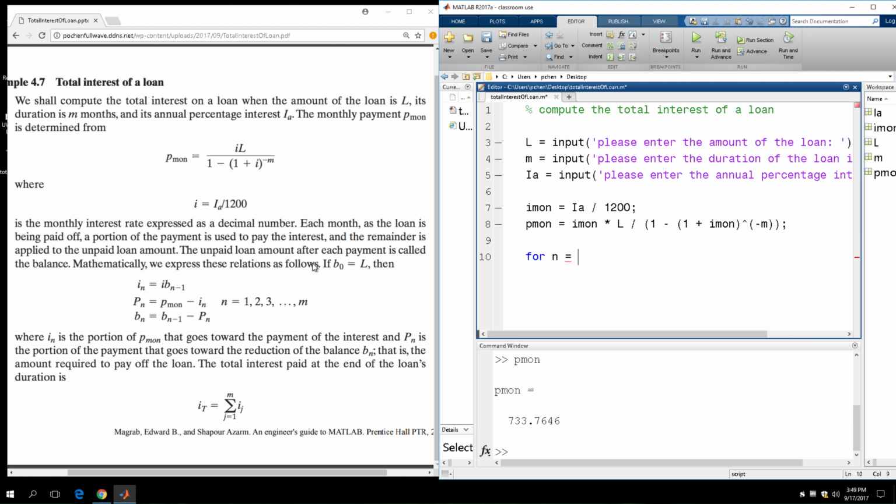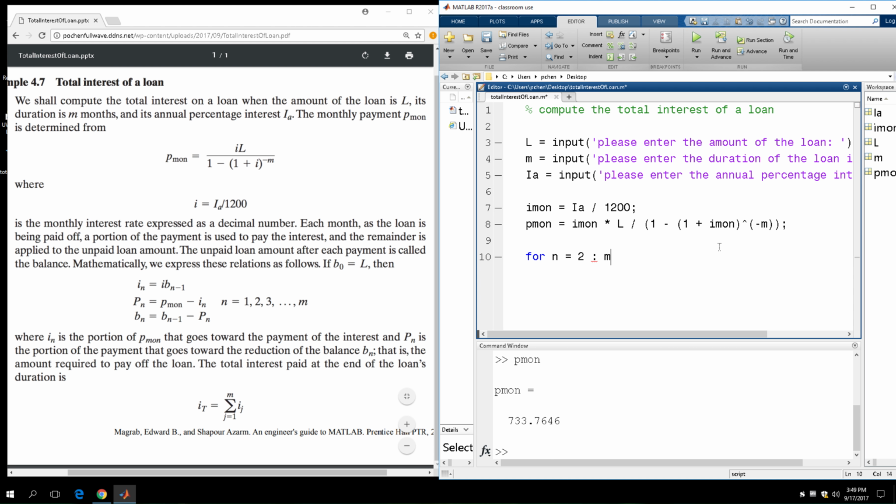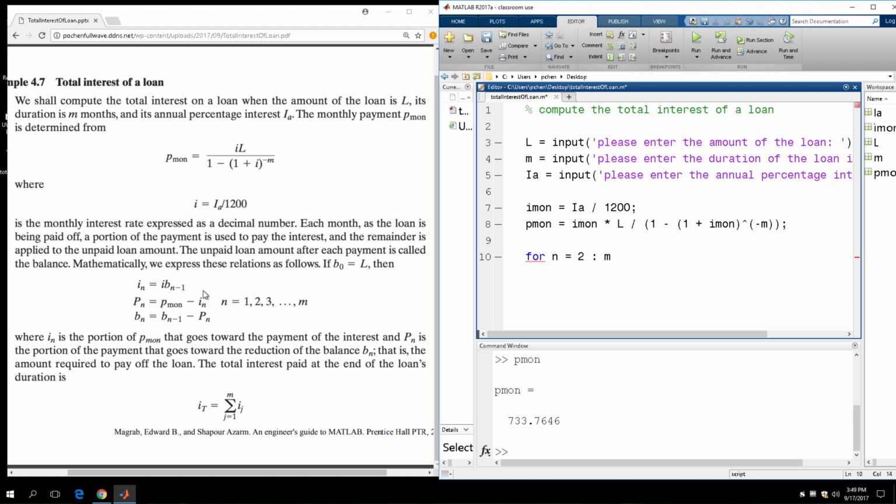So what we have to do is start n with 2, so that B1 is capital L, not B0. So n has to go from 2 to what? What we are saying is that we need a duration of m months. If I end n at m, then the arrays are not going to reach m. For the balance, it's going to be m subtract 1 for the last iteration.